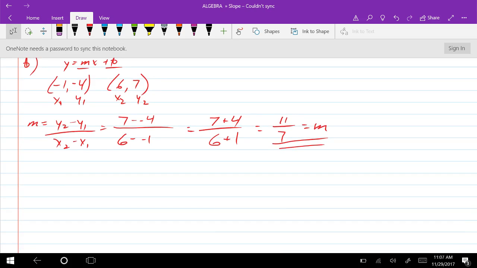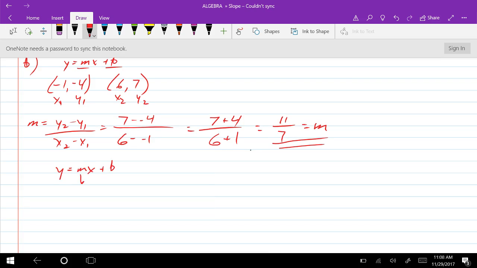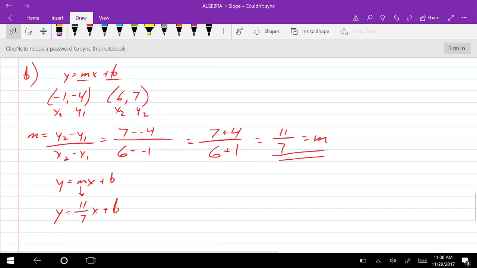I'm going to plug that back in to y equals mx plus b. My new slope, m, is 11 over 7, but I don't know my b, or my y-intercept, as I call it. So what I'm going to do is use one of my points. I'm going to use (-1, -4).